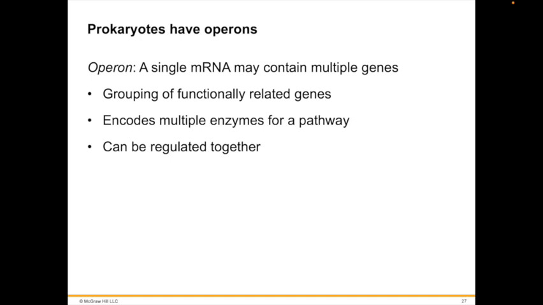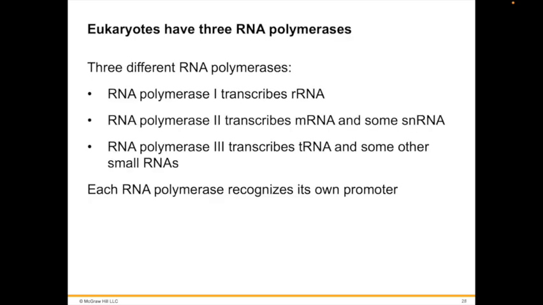An operon is a single mRNA containing multiple genes, such as the lac operon or the trp operon. The basic mechanism of transcription by RNA polymerase is similar in all systems. In fact, RNA polymerases of bacteria, archaea, and eukaryotes all appear to be descended from the same ancestral enzyme.